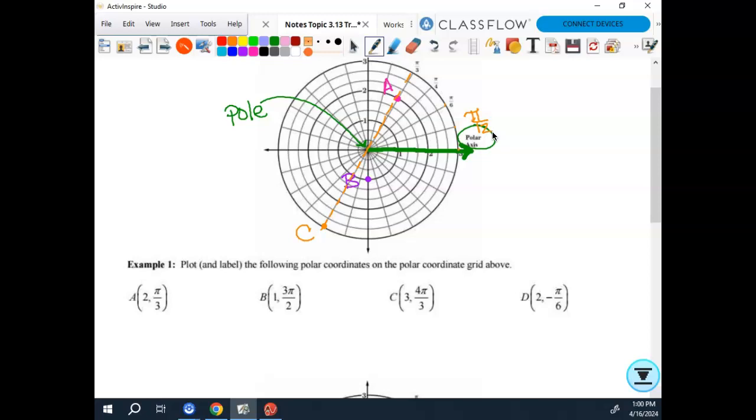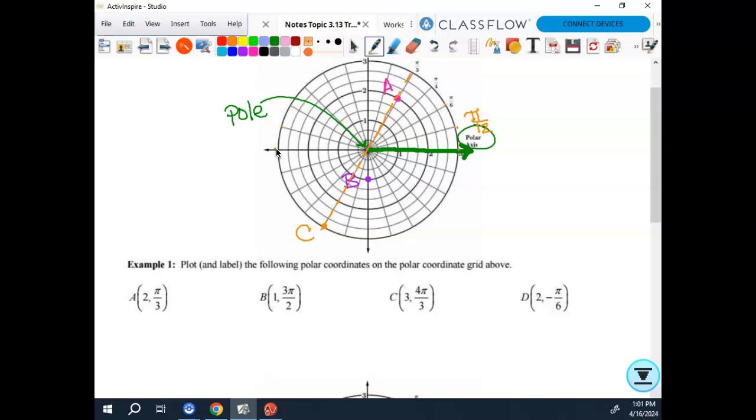I mean, we don't usually do that, and nobody's going to ask you for that. But at the same time, you should be able to figure out, if this is pi 12ths, then wouldn't this right here be 11 pi 12ths? Because that would be 12 pi 12ths. You with me? We can still reason around if we absolutely had to. So each little wedge in there is pi 12ths.